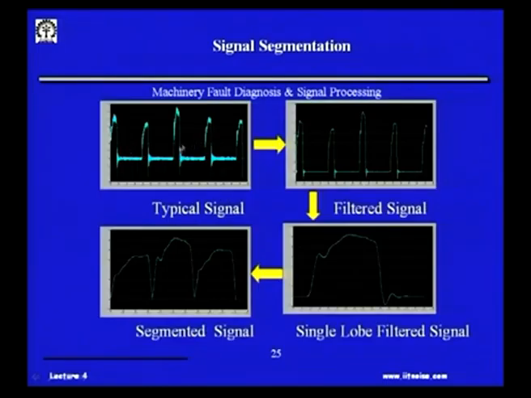For a typical signal, we may do feature extraction as follows. You filter it to remove the high frequency noise, and then we have the lobes brought together, a segmented signal. We will remove these processes and bring in these lobes, and then we can again filter it. So features can be extracted from the lobe filtered signal.